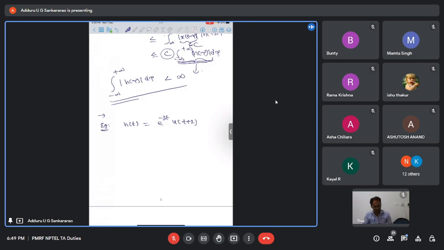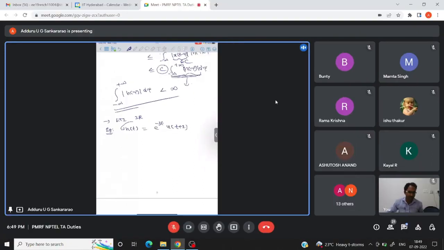For an LTI system, impulse response h of t is given. Now tell me the system is stable or causal or memoryless or what? First we will check for causality.